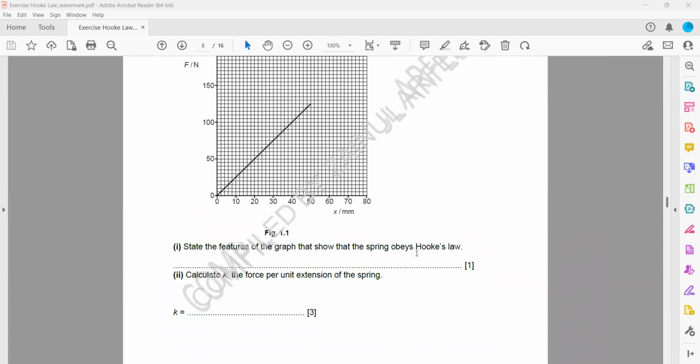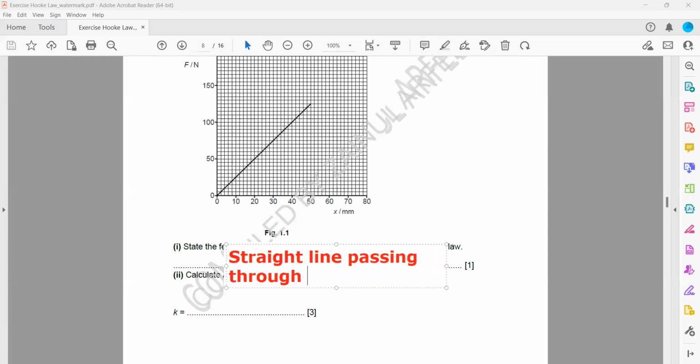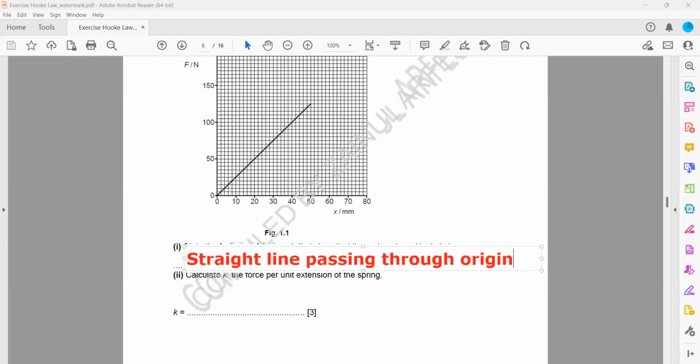So these both points are important: it is a straight line passing through the origin, because whenever there's a straight line passing through the origin, we say that the quantities are directly proportional. Means if you increase one quantity, the other quantity will also increase.